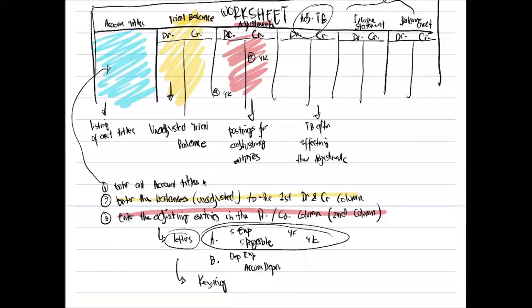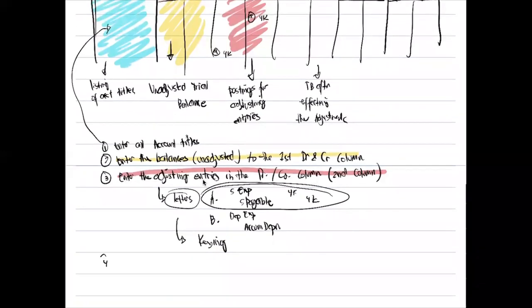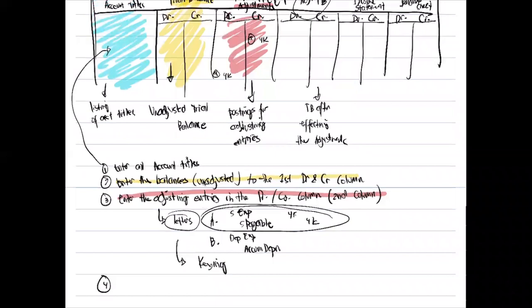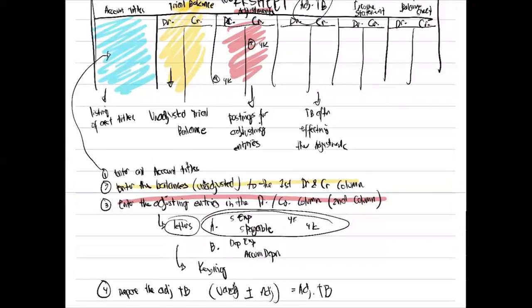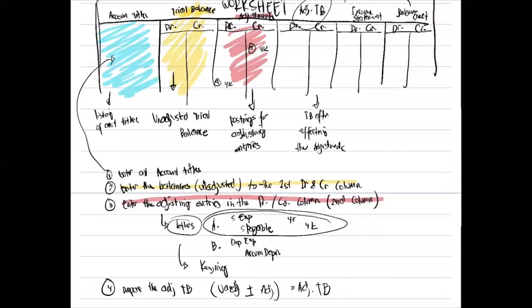Okay. Now, after we prepare your adjustments, we have your fourth step. So what is our fourth step? Our fourth step, of course, is to prepare the adjusted trial balance. Okay, so how do we prepare your adjusted trial balance again? From your unadjusted, plus or minus your adjustments, we have your adjusted trial balance.